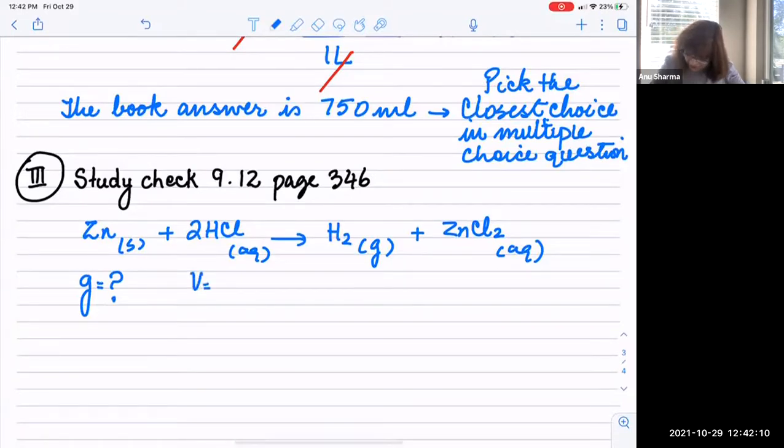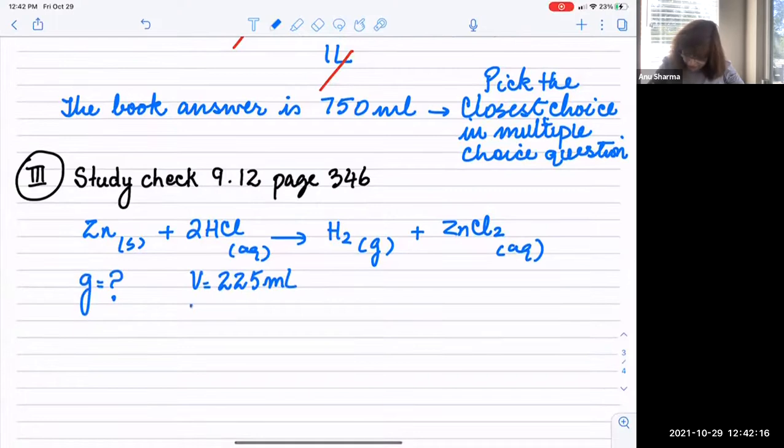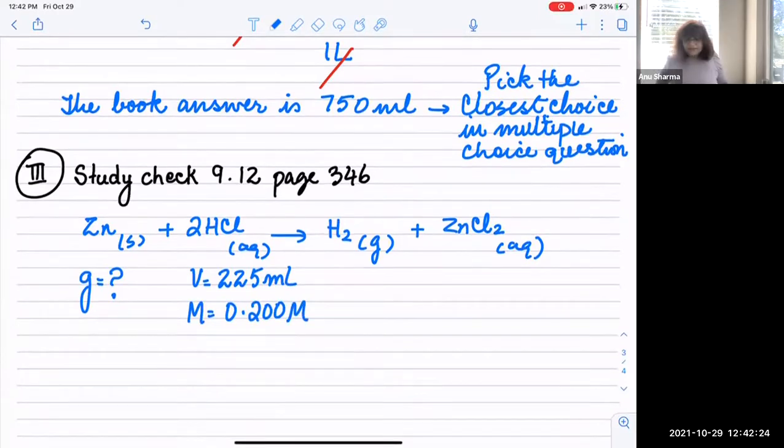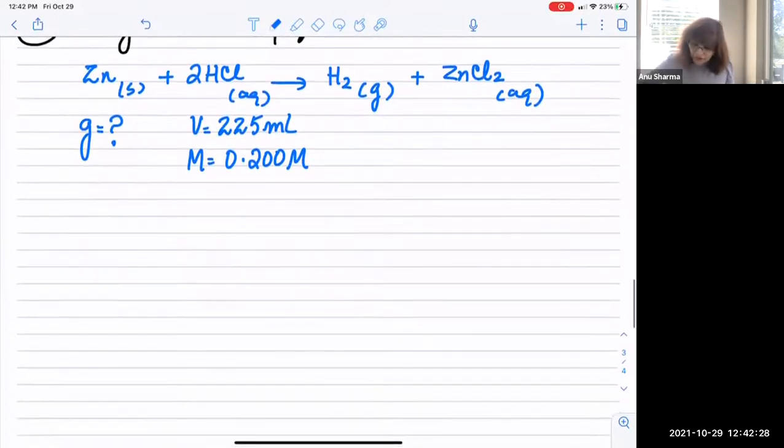of 0.200 M HCl solution? You are given the molarity and the volume, so you need to find the grams. Here's a stoichiometry problem.